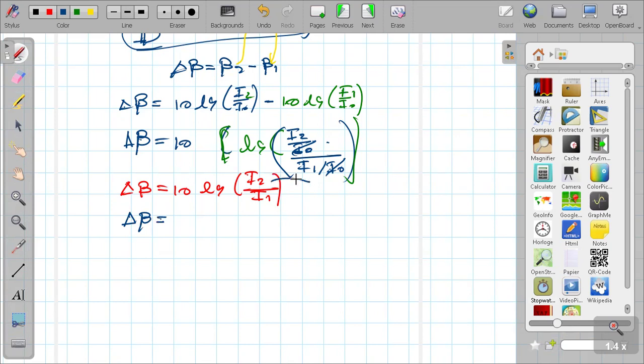Now let me introduce I2. What is my I2 value? Tell me.